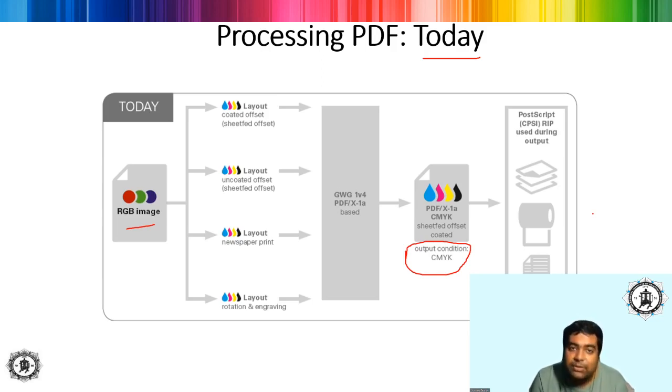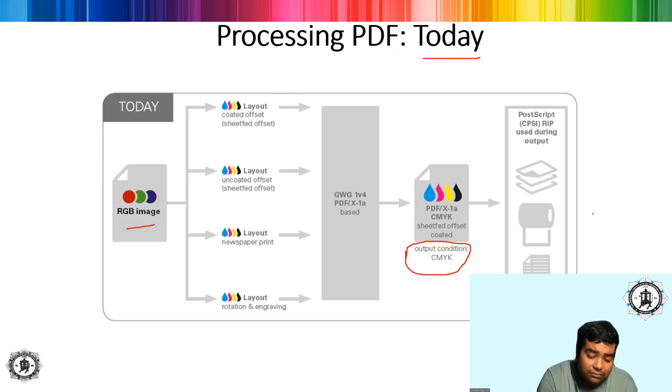The RIP engines were not capable of taking native PDF files as their input. They could only take PS files, PostScript files. So the moment you convert your PDF into PostScript, automatically everything gets flattened. And RIPs of that time, now almost all RIPs work on the basis of APPE, that is the Adobe PDF Print Engine, as their standard RIP engine.